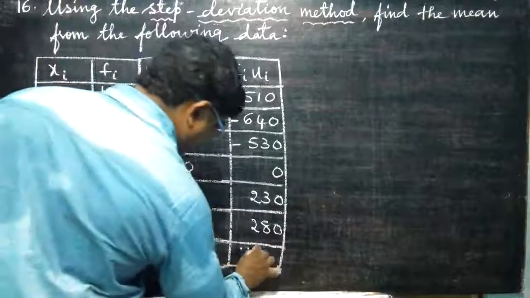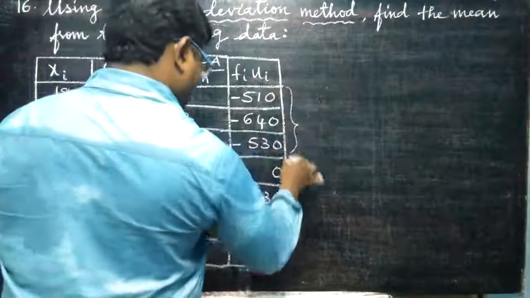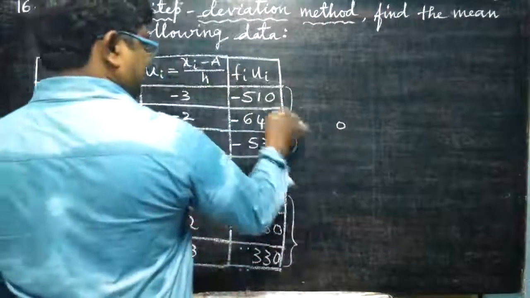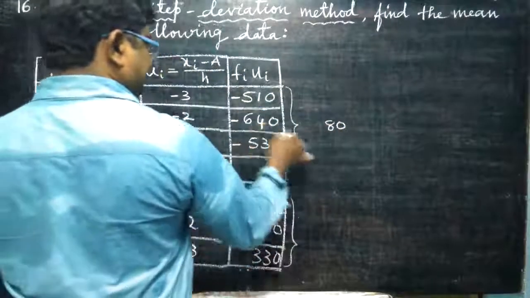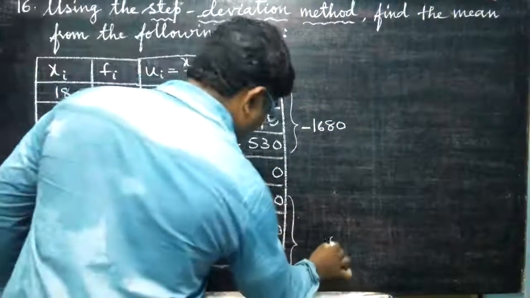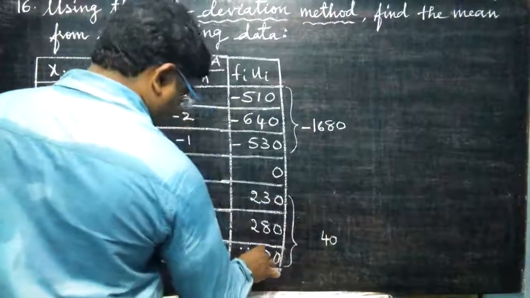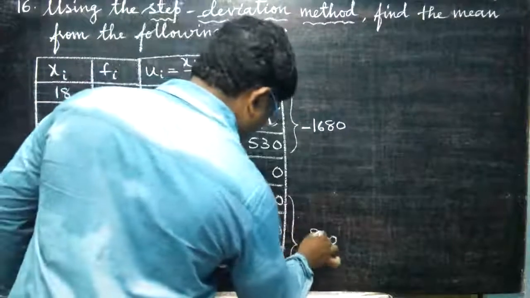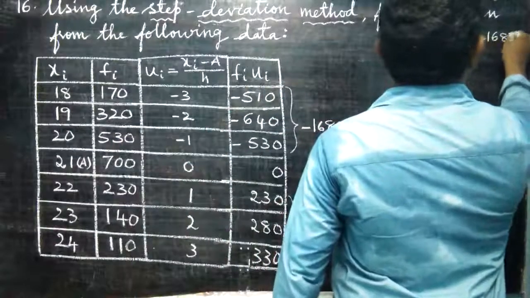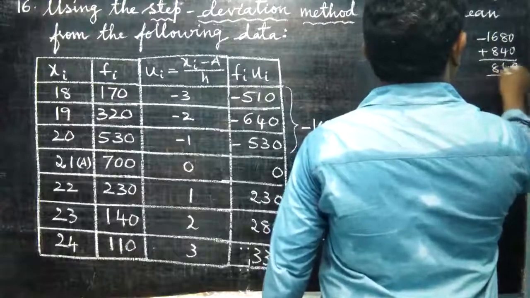Now 3 table. 110 into 3, 330. Now add negatives, add positives. Negatives add up to minus 1680. Positives add up to 840. So plus you got. Now subtract. Minus 1680 plus 840. Minus is more.